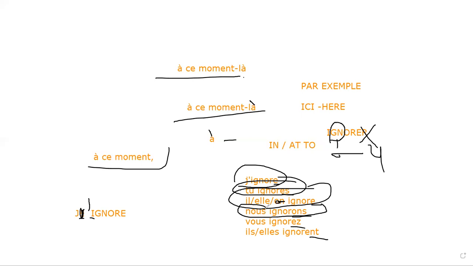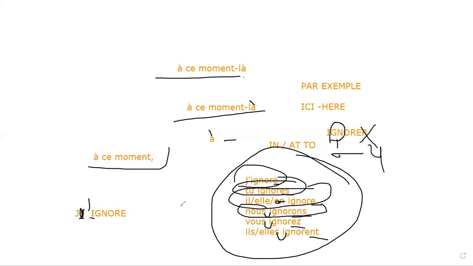But if your word is ending in a consonant like S, S is a consonant, and the next word is a vowel, we have to combine the sound. It's not nous ignorons, it's nous-z-ignorons. Speak aloud. Nous ignorons, vous ignorez, ils elles ignorent. Read aloud. J'ignore, tu ignores, il elle ignore, nous ignorons, vous ignorez, ils elles ignorent.